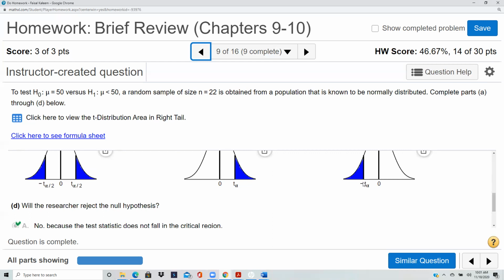If that's negative 0.3, then it would be in that region, the way I'm thinking.